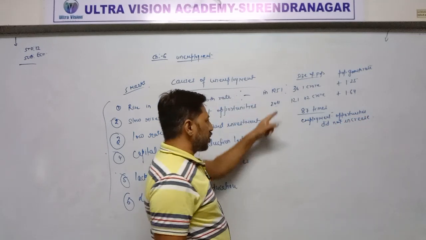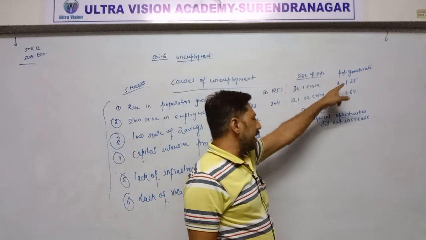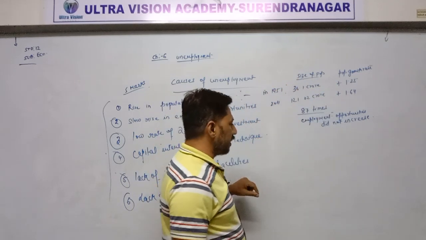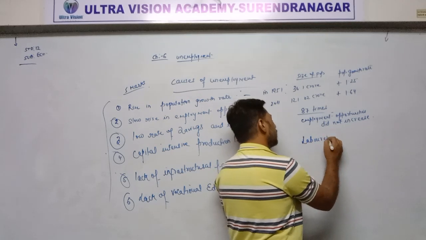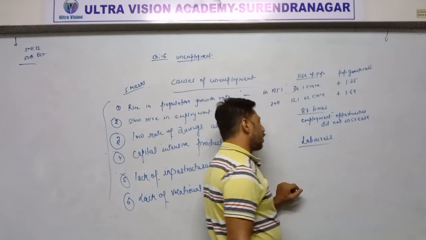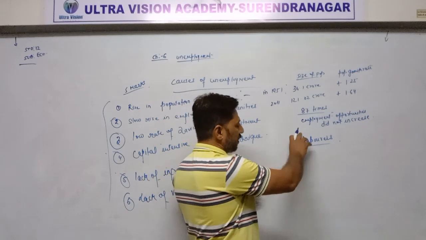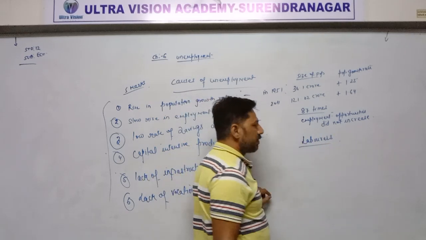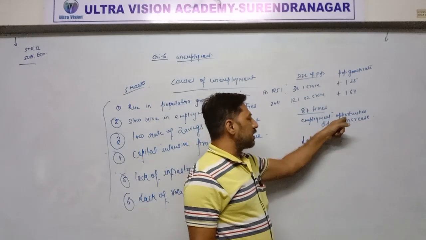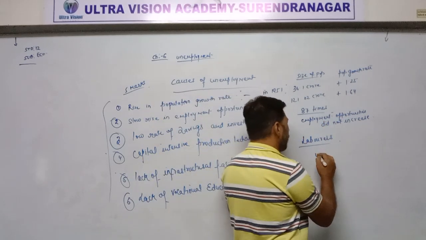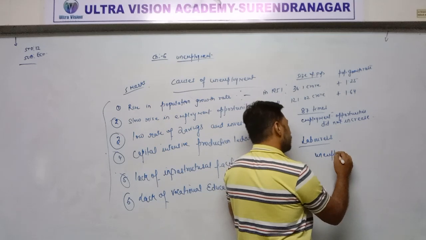When size of population or population growth rate increases continuously, it increases the number of laborers, and for these laborers, in simple language, government is not able to create employment opportunities, and as a result, unemployment increases.